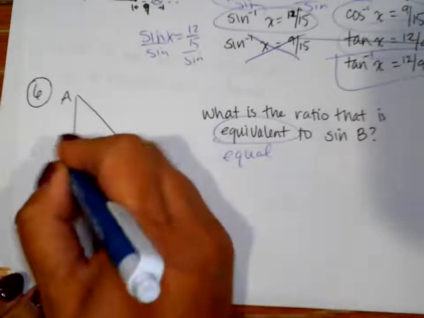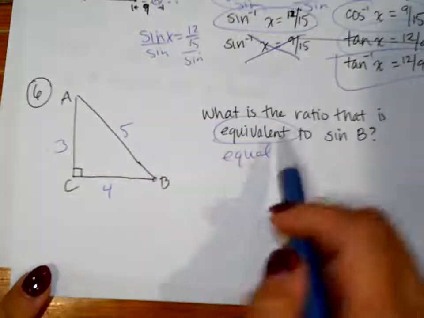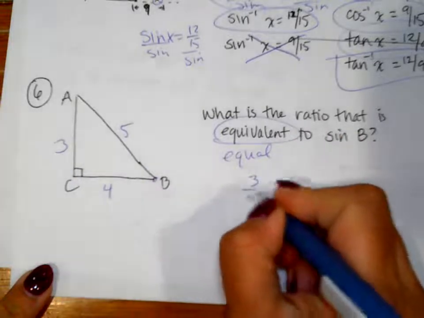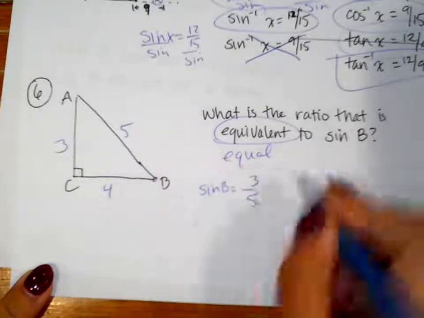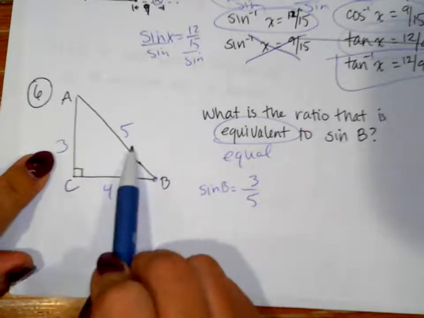So if I use 3, 4, 5, that's an easy triangle to do. What's sine of B? Sine of B equals 3 over 5. Well, what other thing equals 3 over 5?